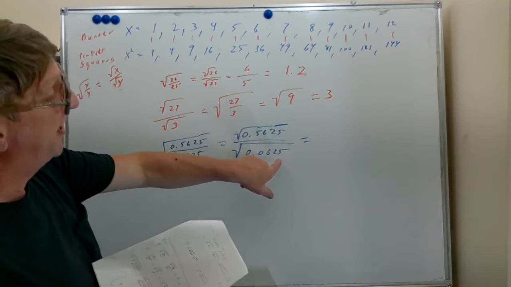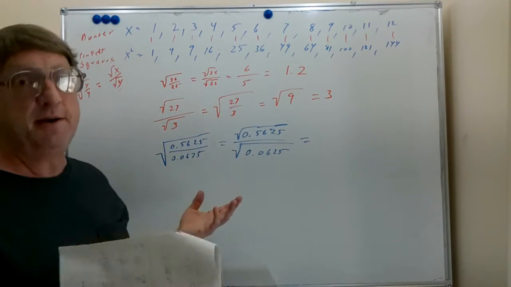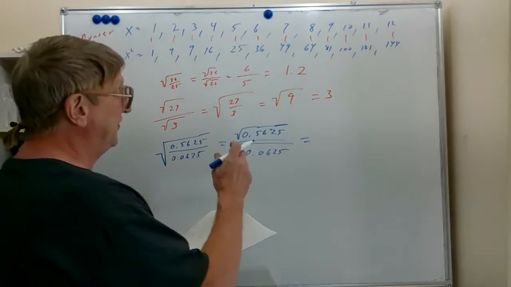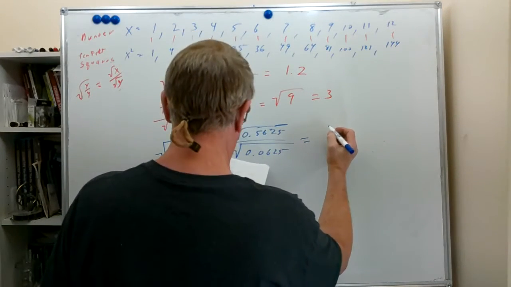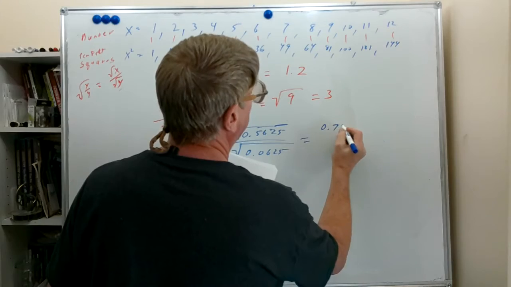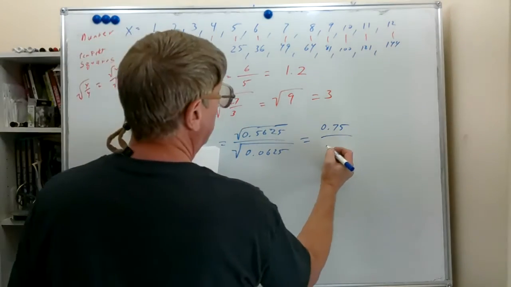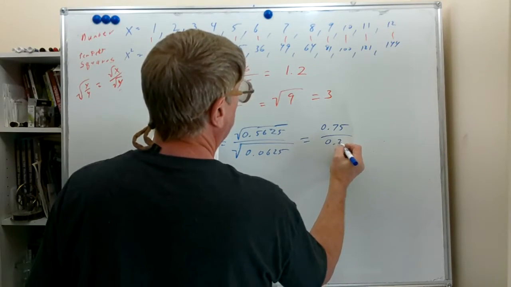And you notice these both have 4 decimal places, so we're going to have numbers with 2 decimal places for our square roots. Well, the square root of 0.5625 happens to be 0.75, and the square root of 0.0625 happens to be 0.25.